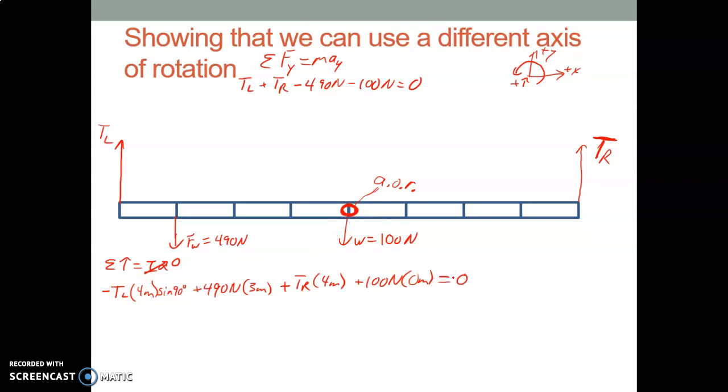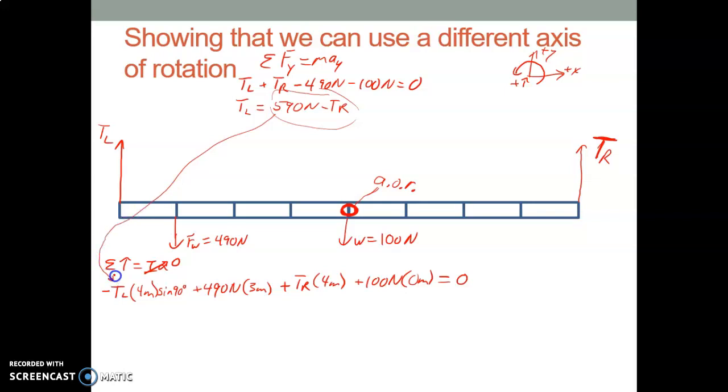Now we look at this equation. We have two unknowns. This equation has the same two unknowns. That means we're going to be able to solve it. So we solve for TL in terms of T sub R. We've done this earlier in the semester, multiple occasions.